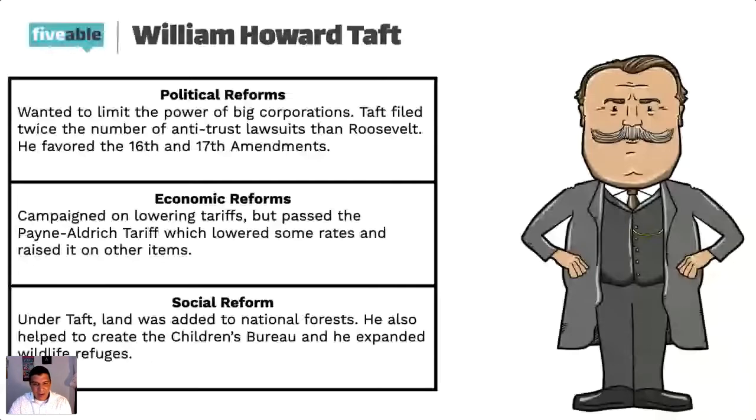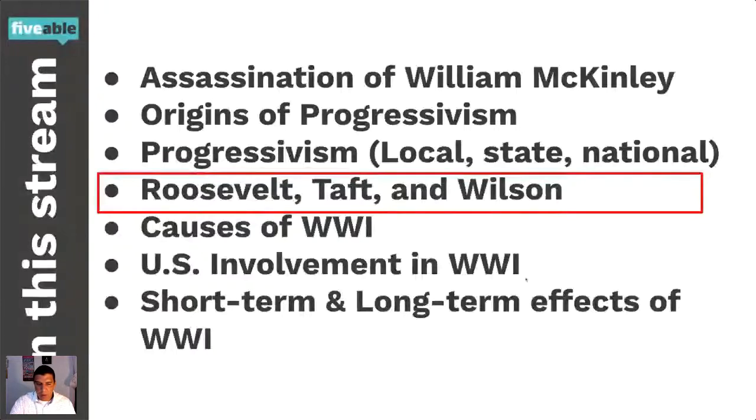And real quick, which president issued the Square Deal? Roosevelt. Perfect. Which president was assassinated that gave Roosevelt the presidency? McKinley. All right, you guys are killing this.